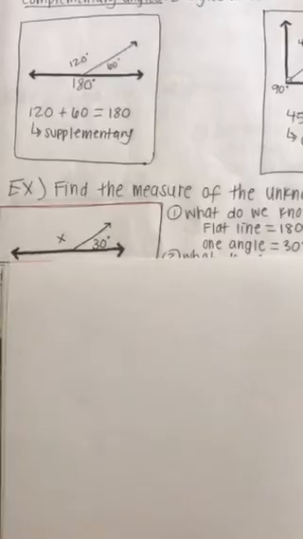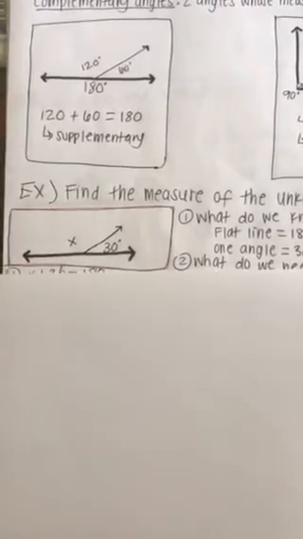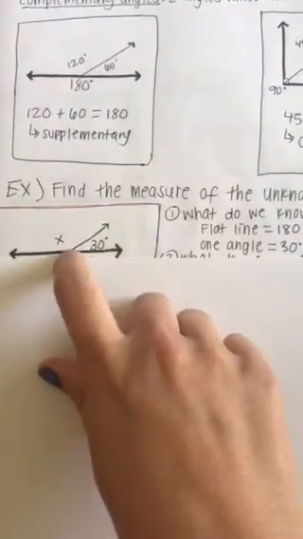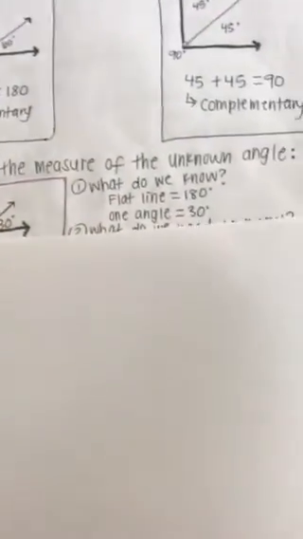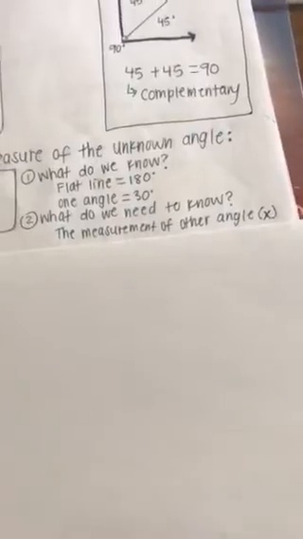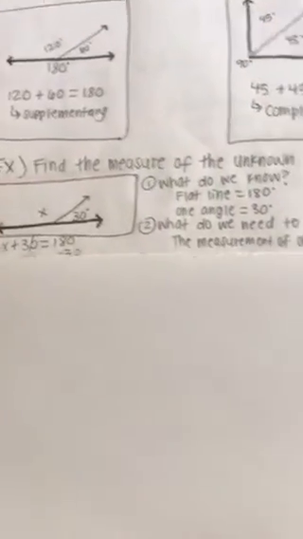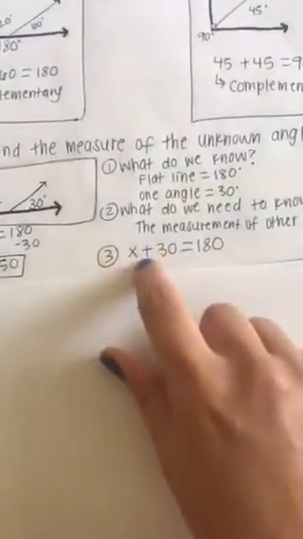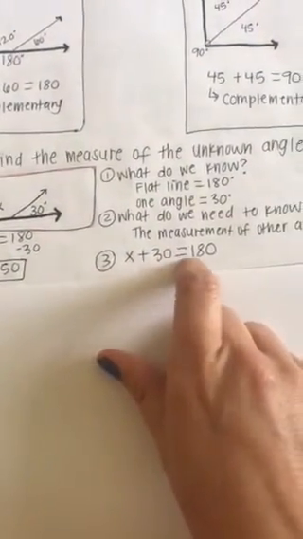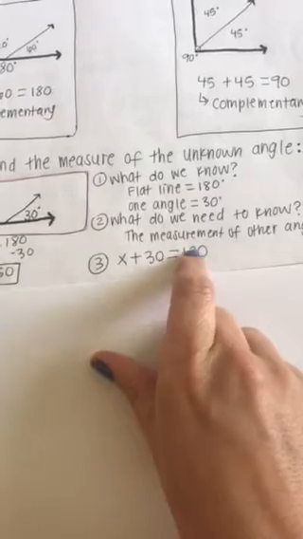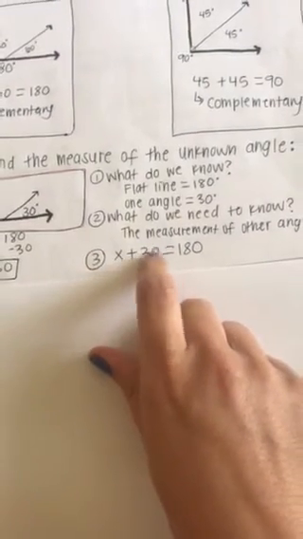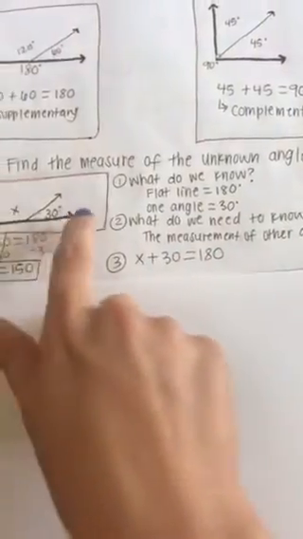But what do we still need to know? We still need to know what x represents, how many degrees this angle is. I wrote the measurement of the other angle. So in order to do that, we need to write an equation. So I wrote x plus 30 equals 180, because we know there's an angle x plus a 30 degree angle equals 180.